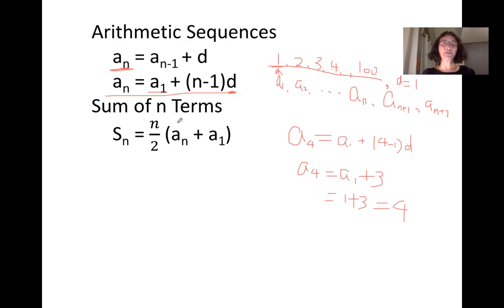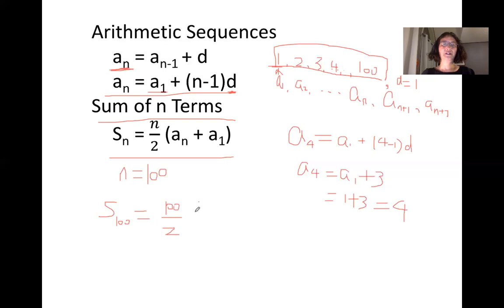If you want to add all the terms together, this is the sum of n terms, Sn. For example, how many numbers in this sequence? 100. So n equals 100. So you want to add 100 numbers together. Plug in the formula, n equals 100.